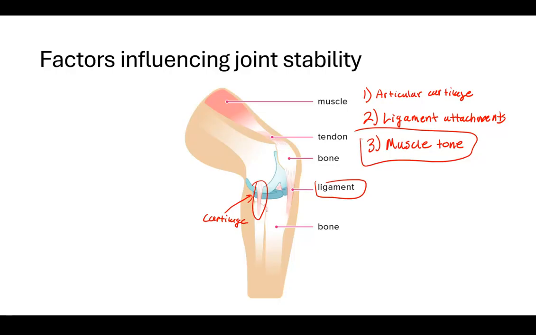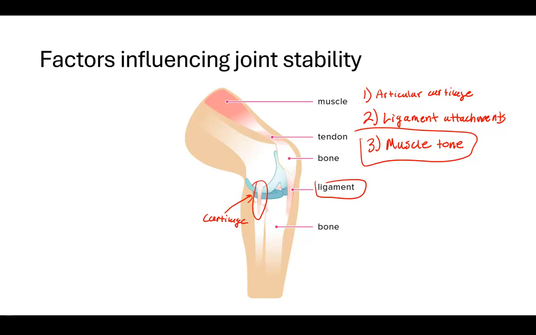It's interesting to think about because if we were to think about ligaments being the main factor that influences joint stability, it would make sense because ligaments are made of dense regular tissue. You might remember from our connective tissue lecture that dense regular tissue is a lot of collagen fibers, really good at resisting tensile stress.